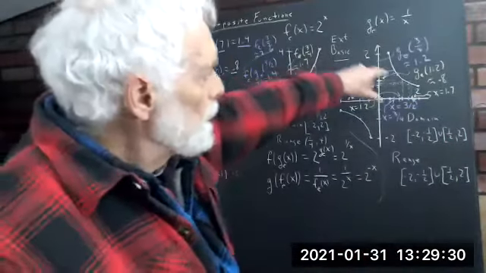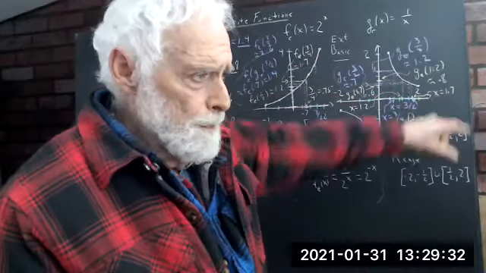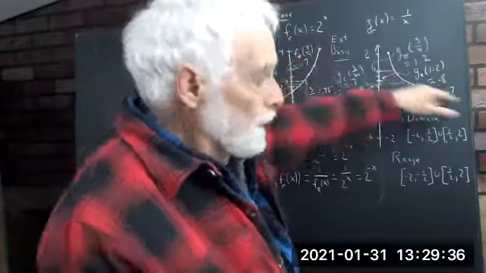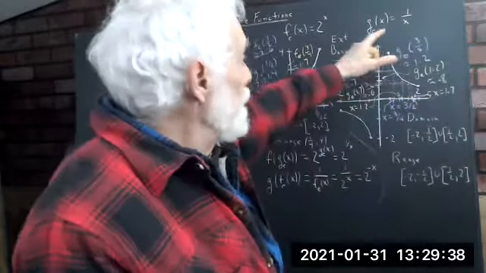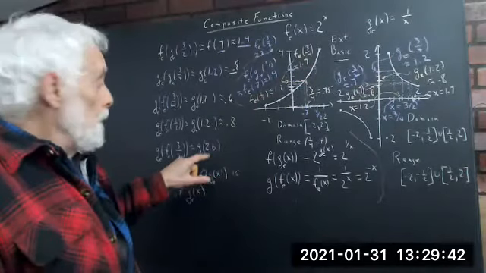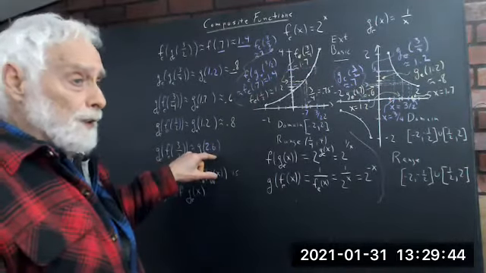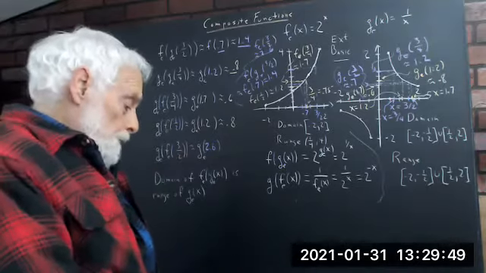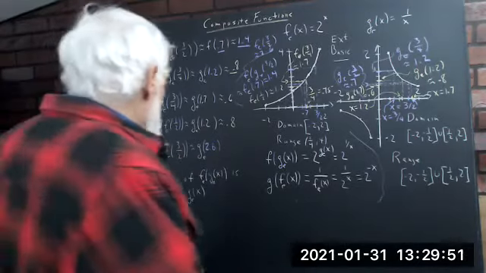Our curve doesn't go that far. Now, for the complete function 1 over x, our curve can go as far as we want it. But for the extended function, which is what we've specified here, 2.6 isn't in its domain. So we're going to say that this has no value.